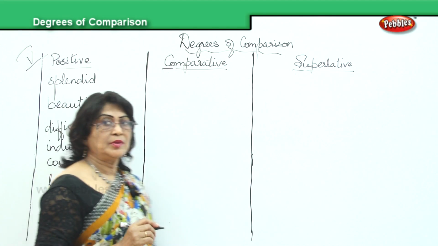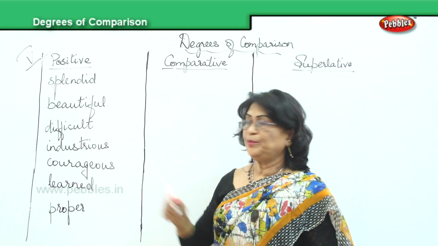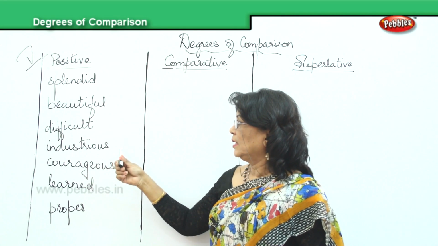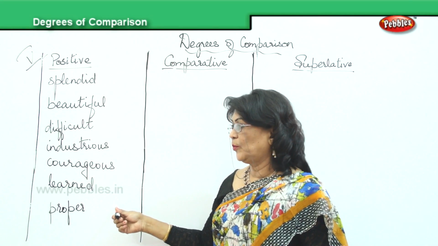Now I have given you a list of words here: splendid, beautiful, difficult, industrious, courageous, learned, and proper.